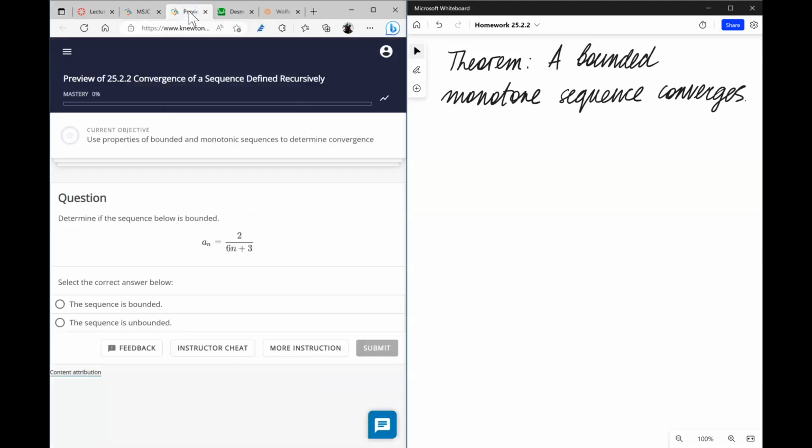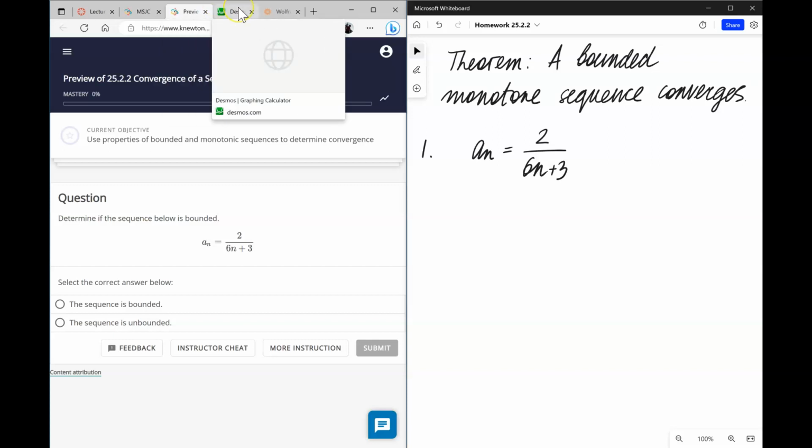And this is the first homework, and the first question is on identifying whether a given sequence is bounded. To be bounded means to be bounded above and below, and the easiest way to identify whether a sequence is bounded is to maybe graph it, but every graph should be supported with some sort of analysis.